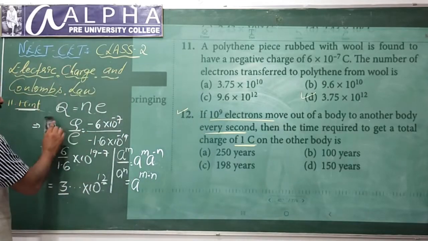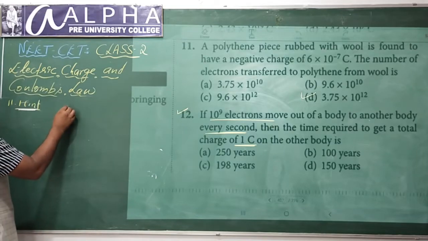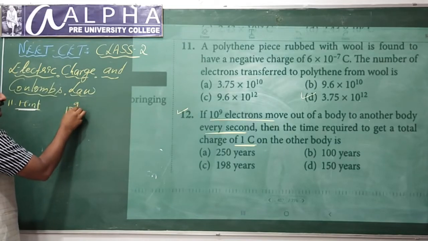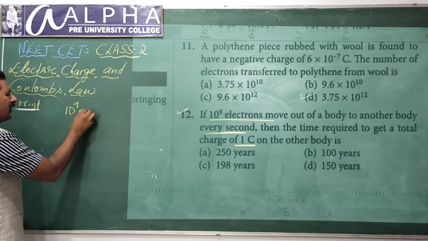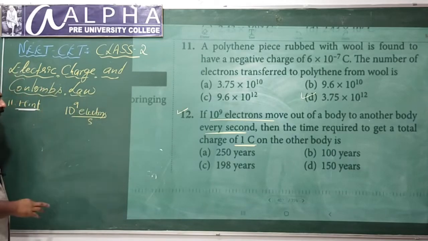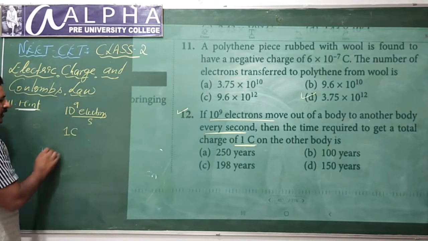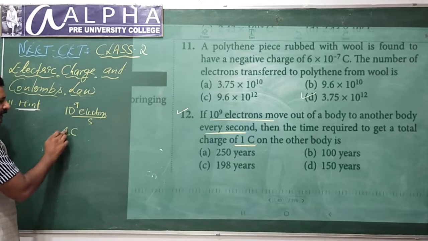I collect the data, then we will plan how to do it. He has given first, 10 power 9 electrons per second. This is one datum. And second, he has given 1 coulomb charge. What is this 1 coulomb?